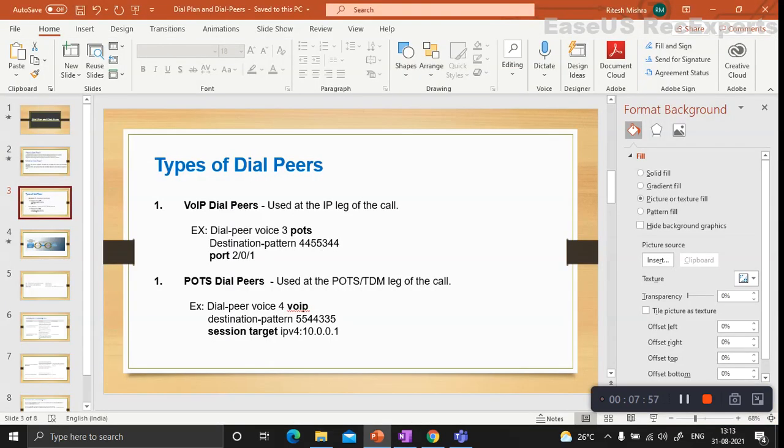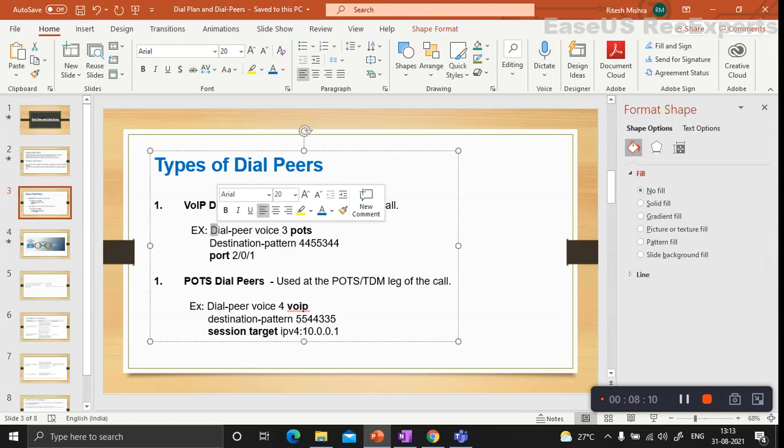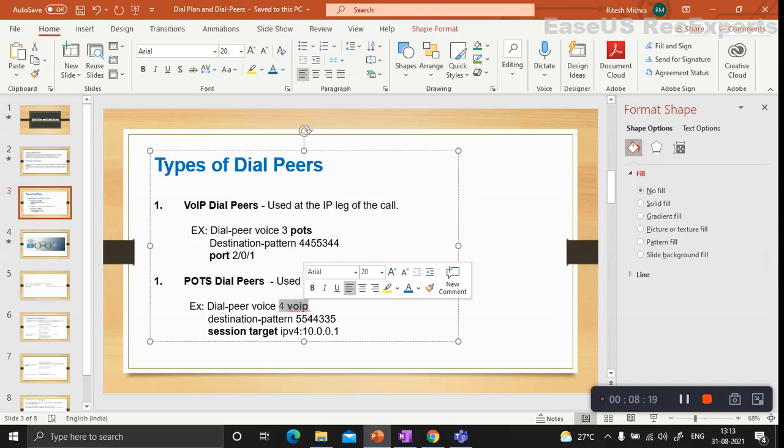Now, if I talk about this example of VoIP dial pair and POTS dial pair, this is the command which is used to configure a dial pair. Whether you need a POTS dial pair or a VoIP dial pair depends on the leg, and this is the keyword you will be using to configure that specific dial pair.